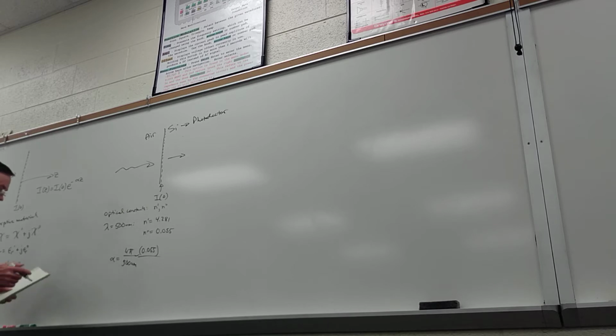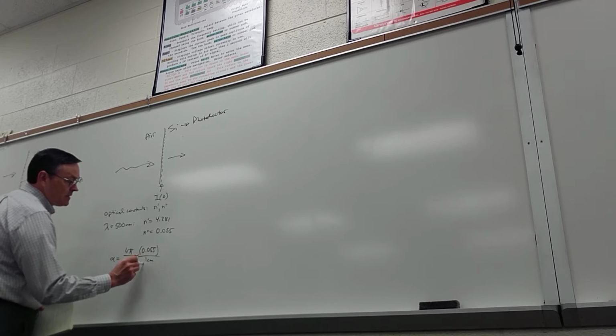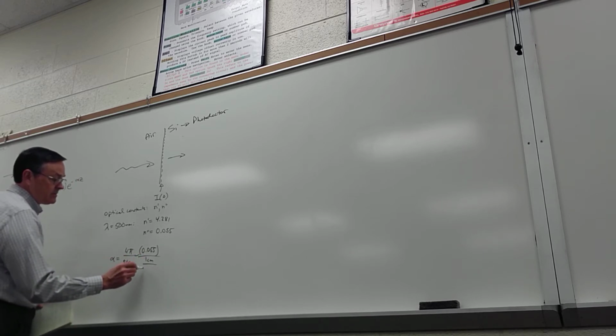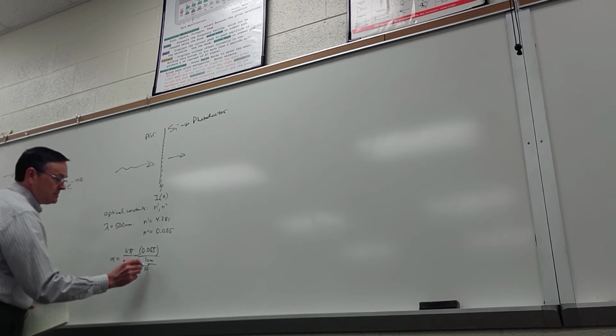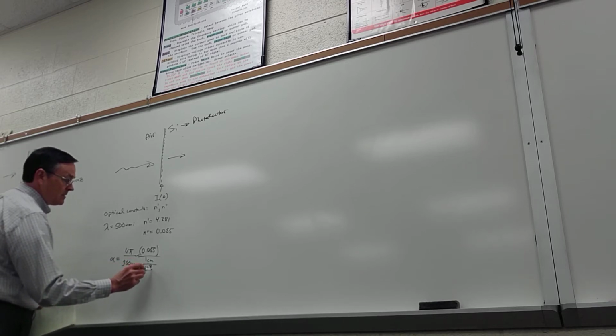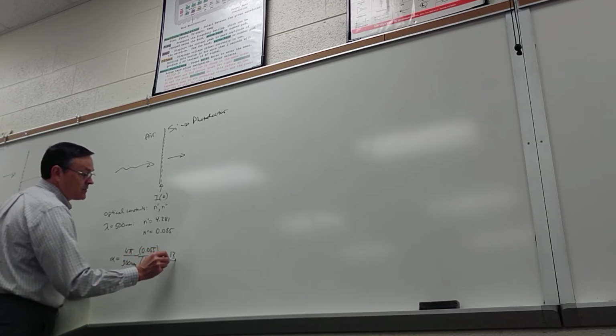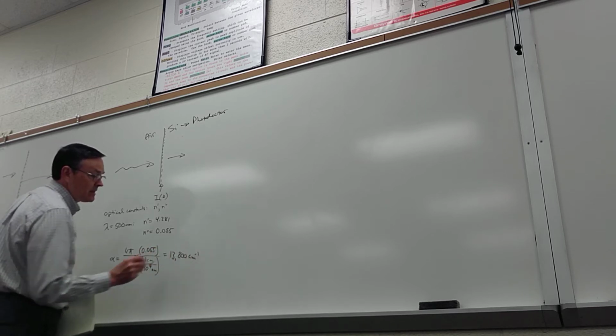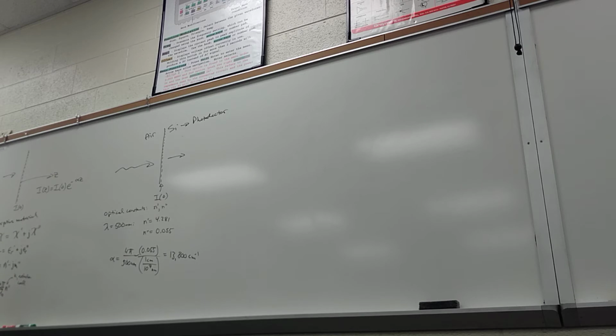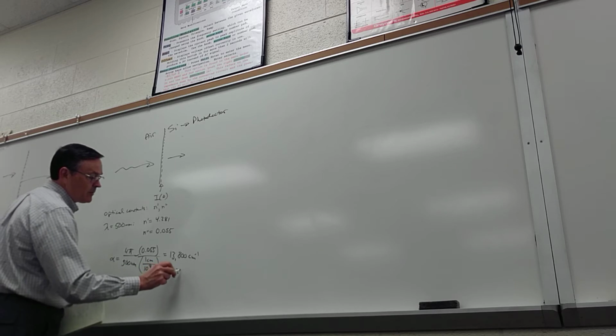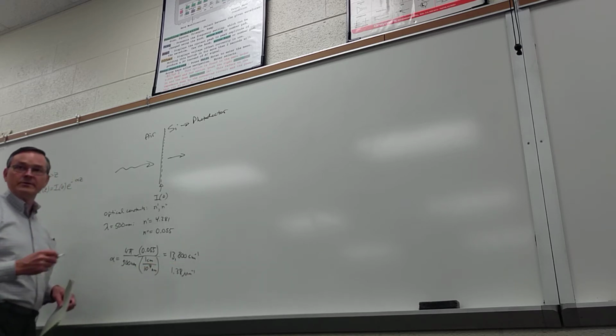So let's do 1 centimeter is what? 10 to the 7 nanometers. Okay, so we work that out and we find, oh, that's 13,800 inverse centimeters, which is gigantic. If we did inverse microns, this would be 1.38 inverse microns.